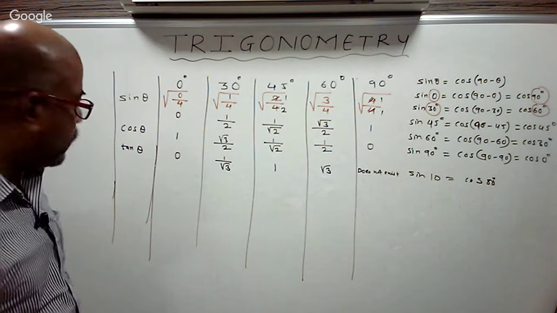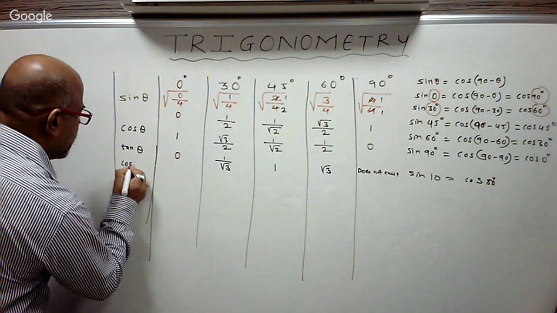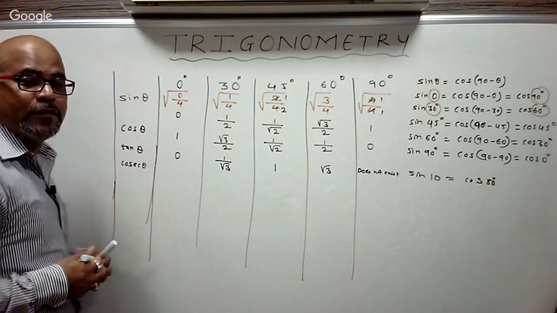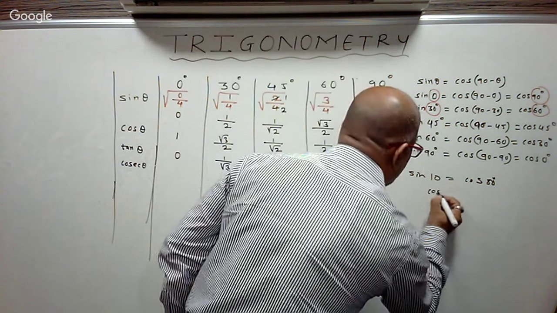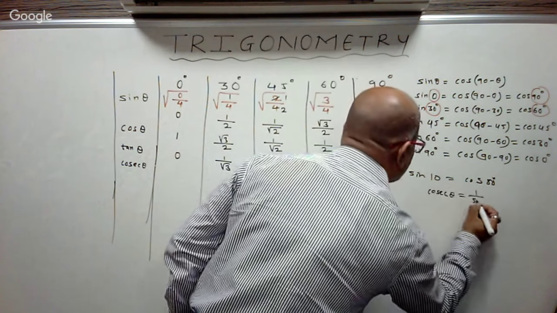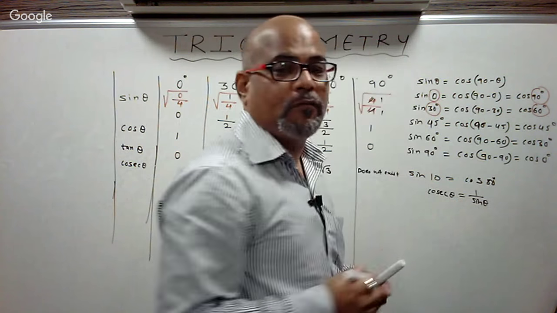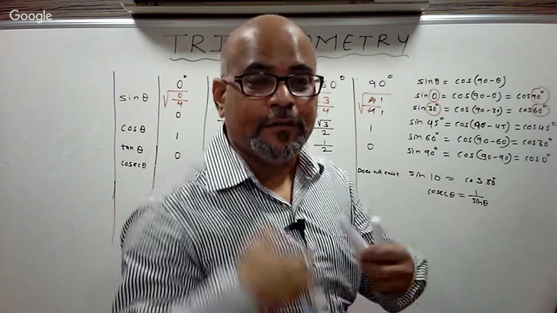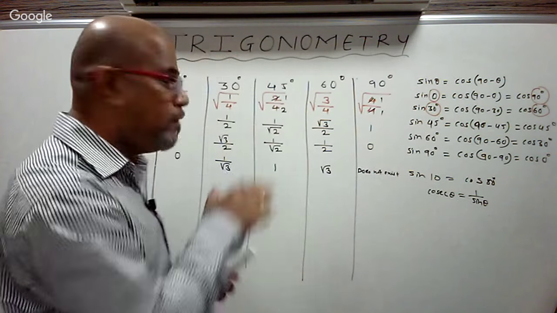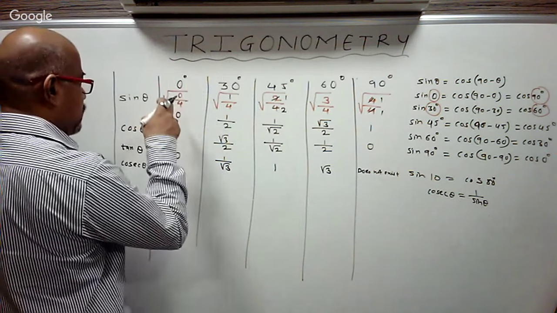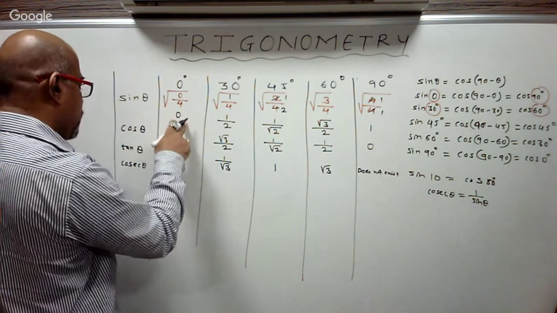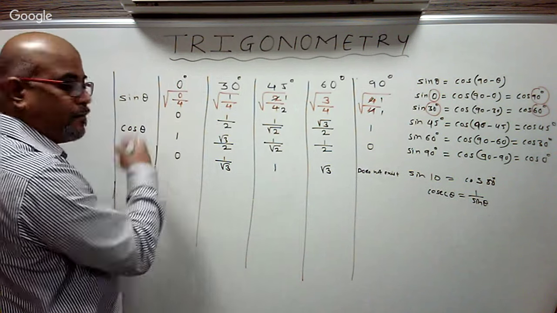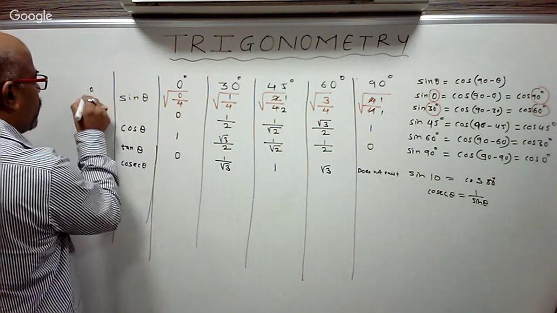Now next one, we go for cosec theta. We know that cosec theta equals 1 upon sin theta. The value of cosec is the reciprocal of sin theta, that is the reverse way. Sin 0 is 0, so the reciprocal means 0 upon 1 becomes 1 upon 0.